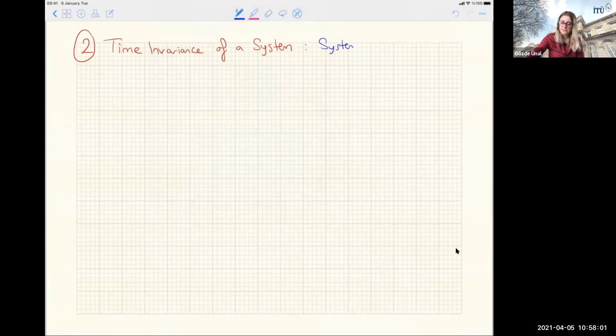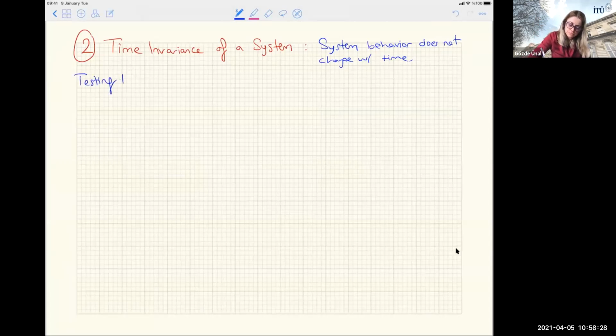We will define it mathematically, of course, but that is, when I take an input, shift it, and send it to the system, the output should be the shifted version of the output of the original input, right? So the testing will be testing time invariance.